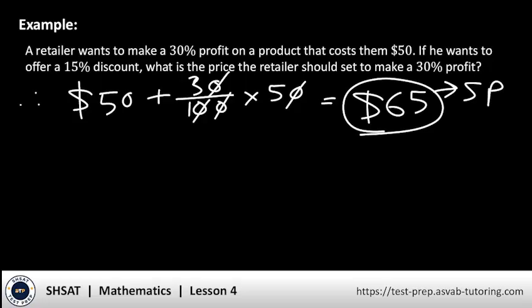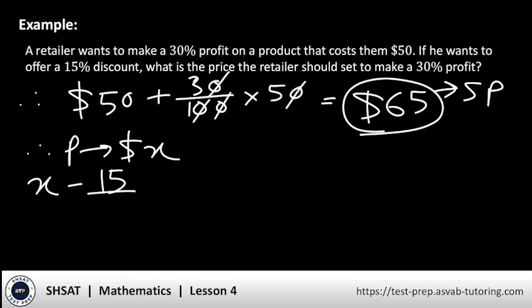If we now set the price as something, let's say the retailer is setting the price at X dollars. Let the price be X dollars. Therefore, because he's offering a 15% discount, it should be X minus 15% of X, or we can write 15 over 100 X, equals the selling price, which is 65.